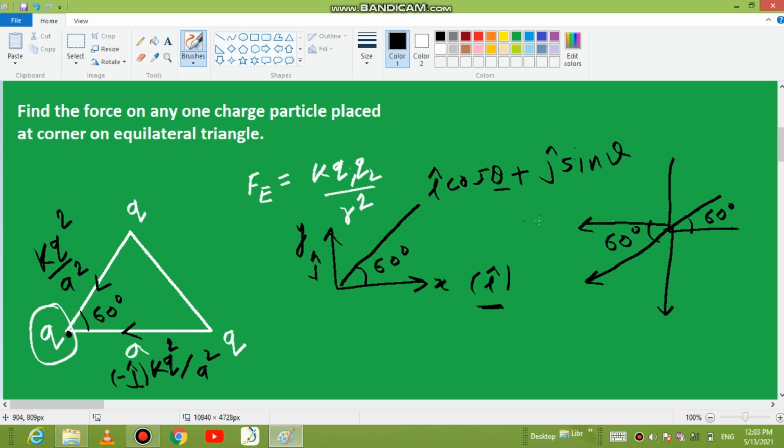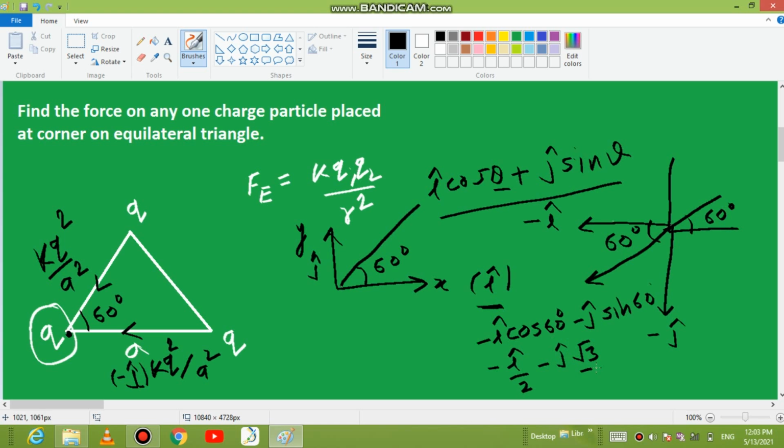So this is our negative i cap and this is our negative j cap direction. Now direction using this formula will be negative of i cap cos of 60 degree and negative of j cap sin of 60 degree. Resultant value will be negative of i cap upon 2 negative of j cap root 3 divided by 2.